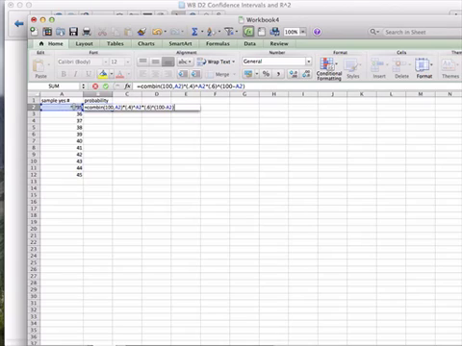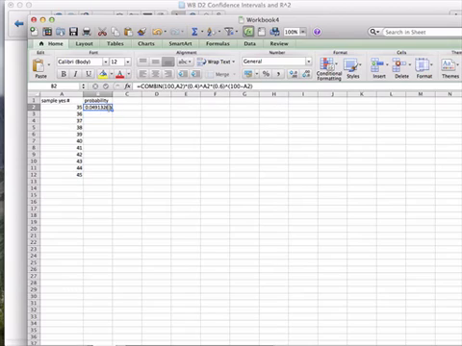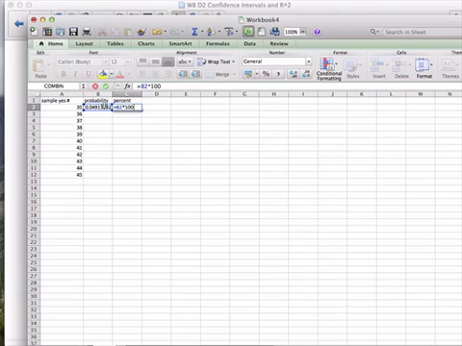Then hit enter. You have to multiply it by 100 to get the probability as a percent, which would just be this amount times 100.